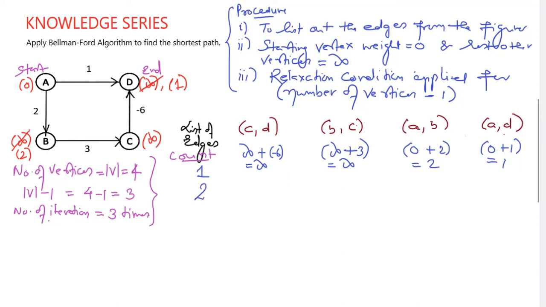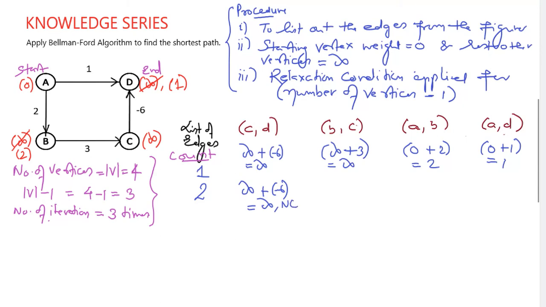When we go to 2, we see CD. C is infinite plus or minus 6, that is infinite, and at D it is infinite. Infinite is greater than 1, so no change.